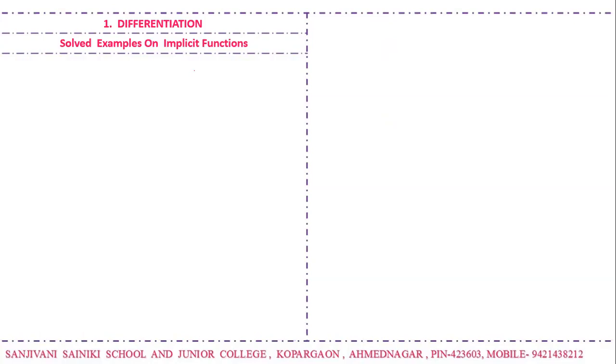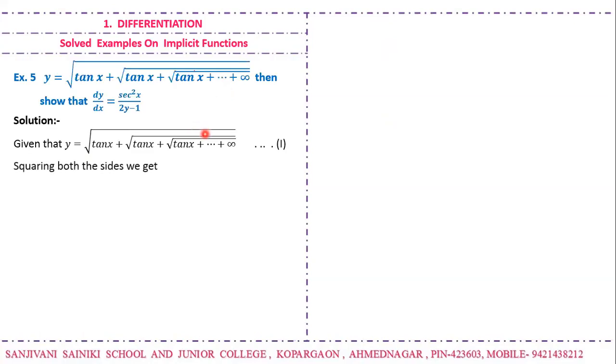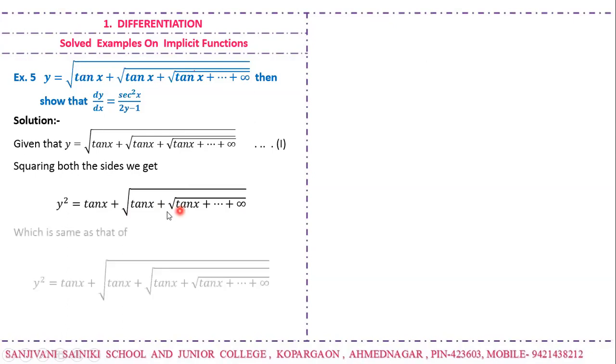Now the next example is this. You can see that there are infinite terms. From infinitely many terms, if we take one term out, it doesn't make any difference to that expression, and again we have the same infinitely many terms, so I can put y for those infinitely many terms.